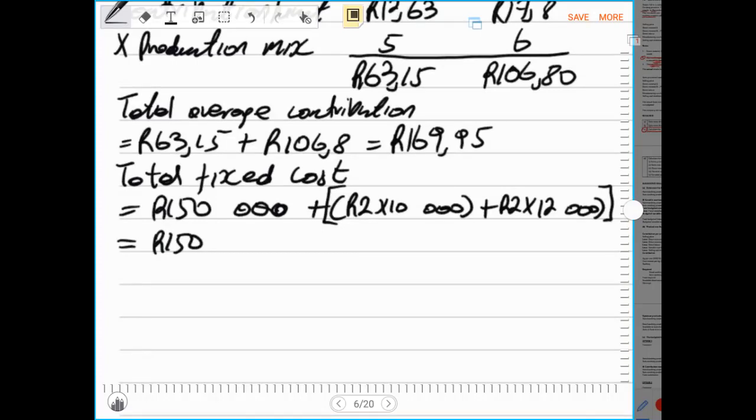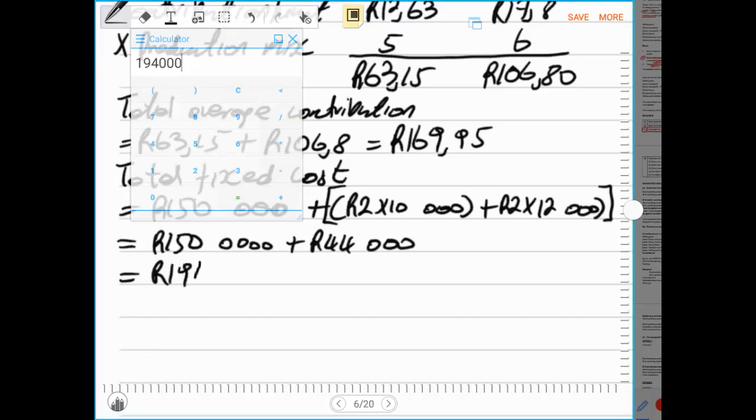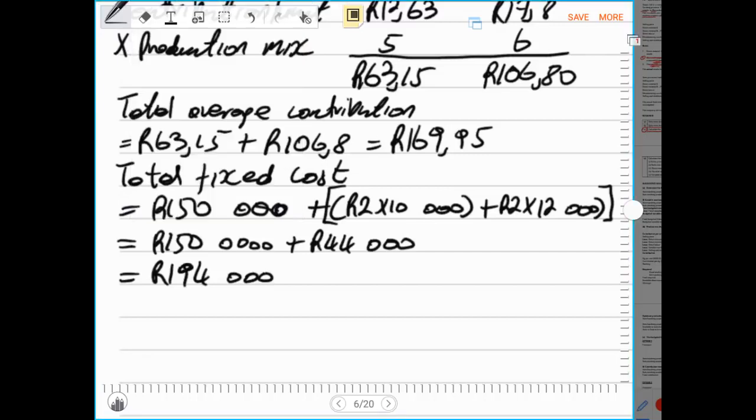Therefore my fixed cost will be 150,000 plus 44,000 rands, which I have already shown you is 24,000 plus 20,000. Therefore my total fixed cost is 194,000 rands.